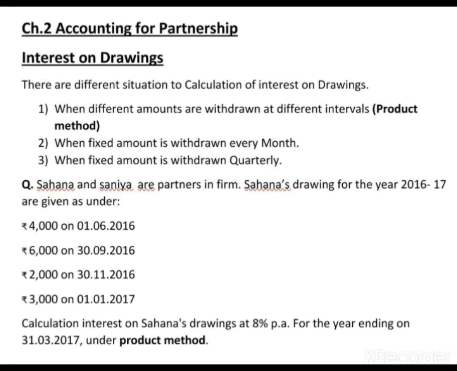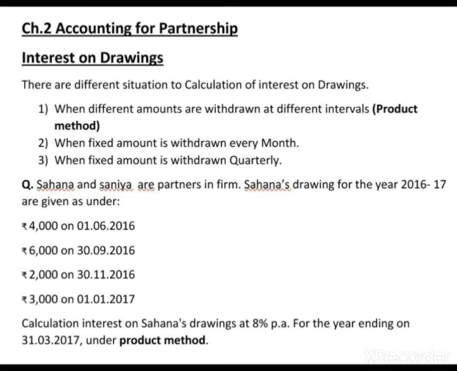She again withdrew 6,000 on 30th September 2016. She withdrew a third time 2,000 on 30th November 2016. Lastly, she withdrew 3,000 on 1st January 2017. It means she withdrew 4 times in the year.